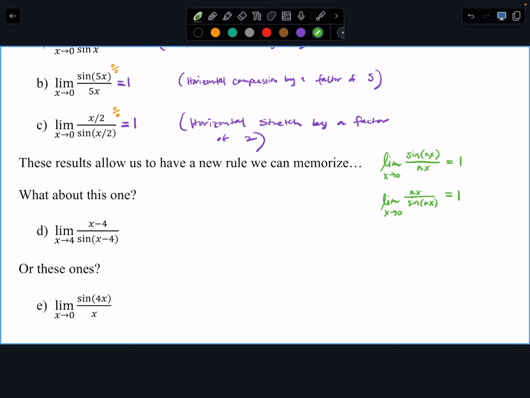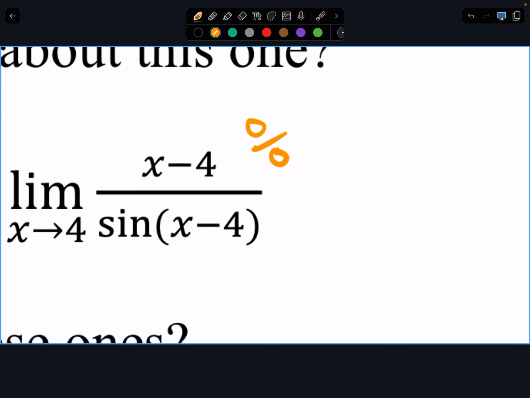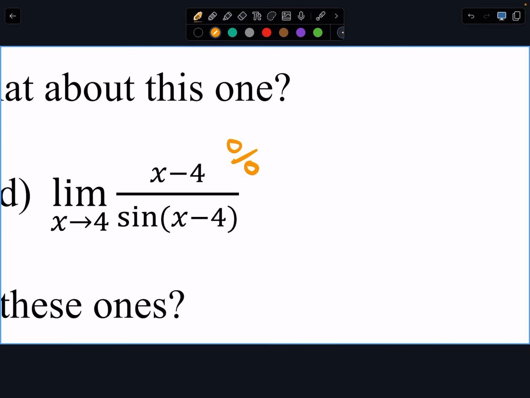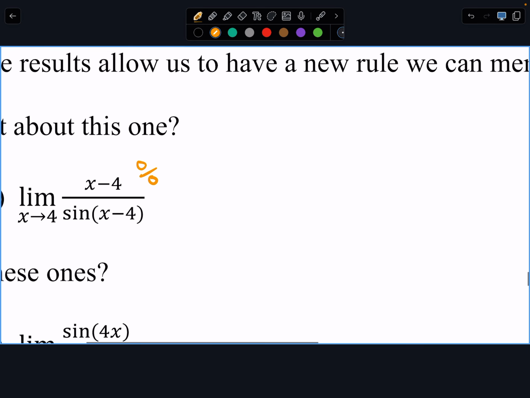Okay. How about this one? You'd run into 0 over 0 if you try direct substitution. What's that minus 4 doing to x over sine of x? To the right, yep. So shift to the right 4.